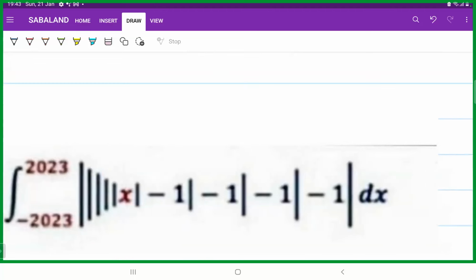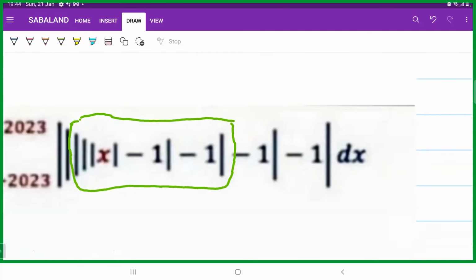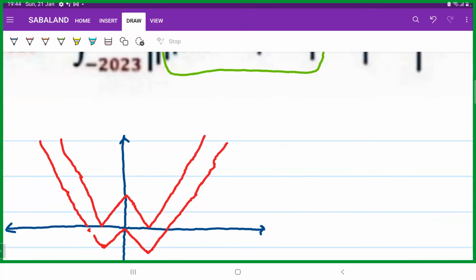Now over that we have another mod. We are now in this block. Again we are applying mod. So again what will happen is that this graph is now non-existent basically.